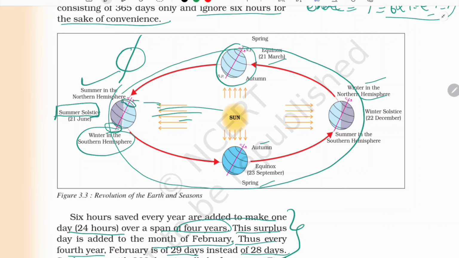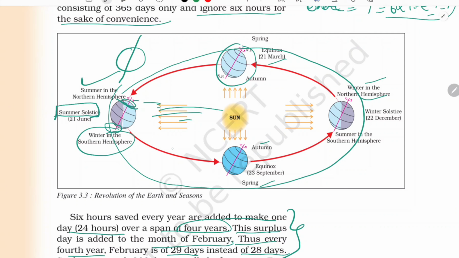And when there is summer, the other areas also experience summer, and there will be day and night as usual, but the day will be longer and the night will be shorter. It is all because the north pole is inclined towards the sun and beyond this Arctic circle, the Arctic circle is over here. So beyond the Arctic circle, continuous sun rays will be there.